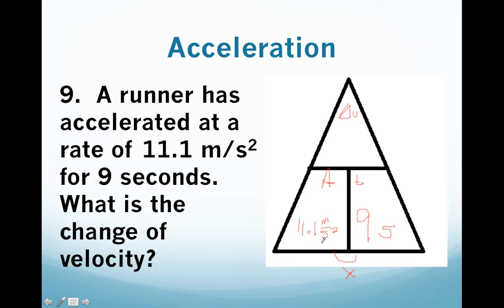So we're going to take our calculator and multiply 11.1 times 9, and you get 99.9. And that change in velocity, a unit for velocity, is a meter per second.